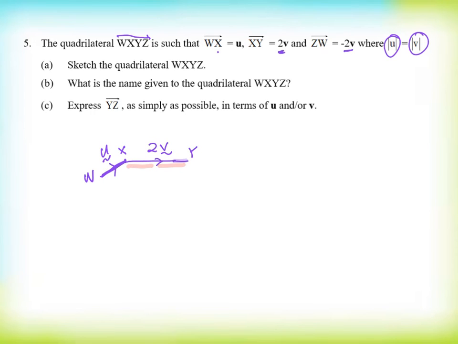Now the next part, they did not tell us how to go from Y to W, but they told us to go from Z to W. We know that this vector is equal but opposite in direction. So in order to join to W, I will also have a length of 2 units, parallel to XY, and this will be point Z, but it's going in the opposite direction, negative 2V.